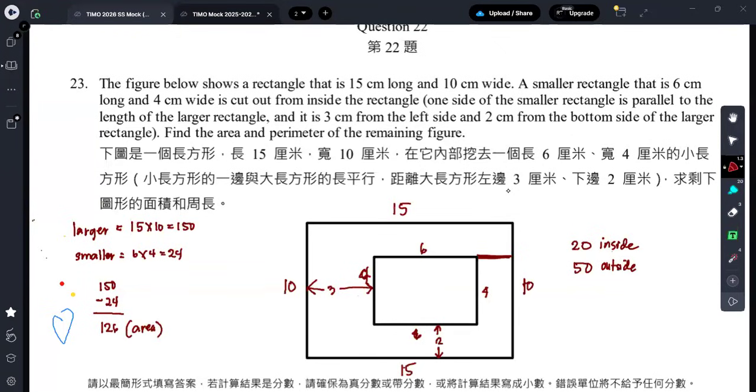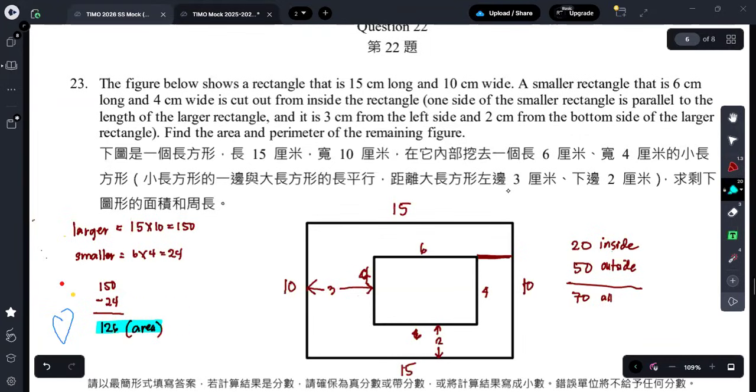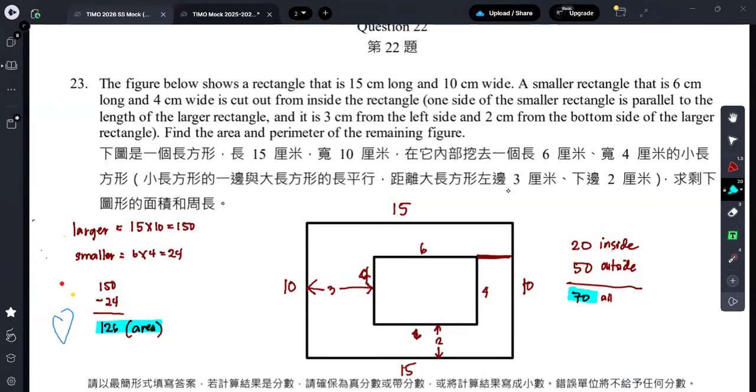Okay. What is the perimeter of all in all? 70. So this is the area, and this is the perimeter, because we are asked to find both. Okay?